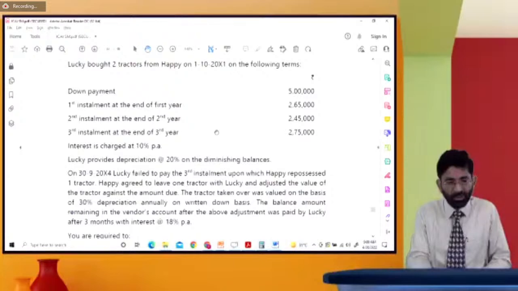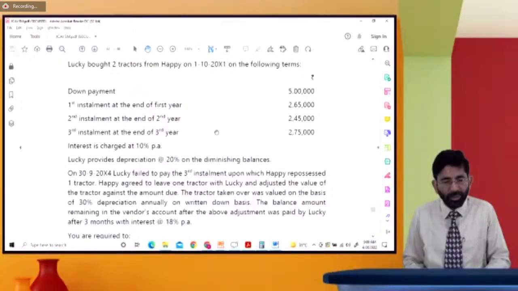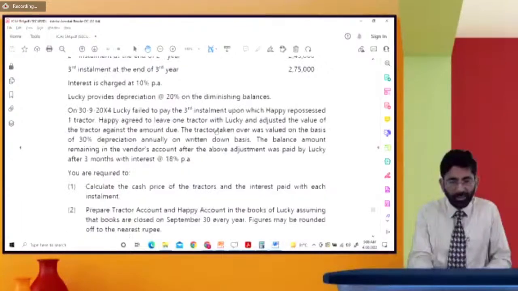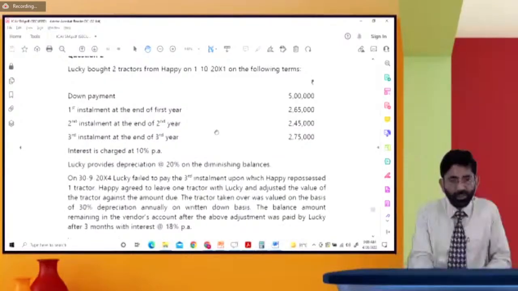The balance amount remaining in the vendor's account after the above adjustment was paid by Lucky after 3 months with interest at 18% per annum. You are required to calculate the cash price of the tractor and interest paid with each installment. So you have to calculate fast, beta. It's your turn now. Let me see whether you can do it very easily or not.